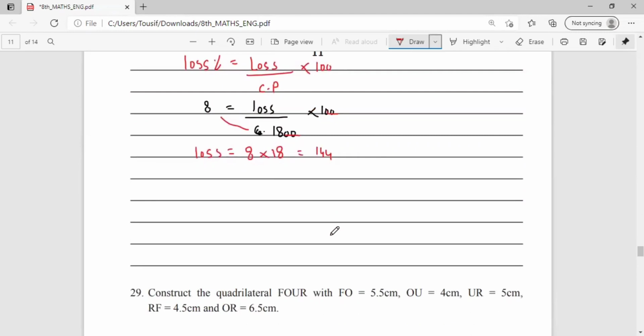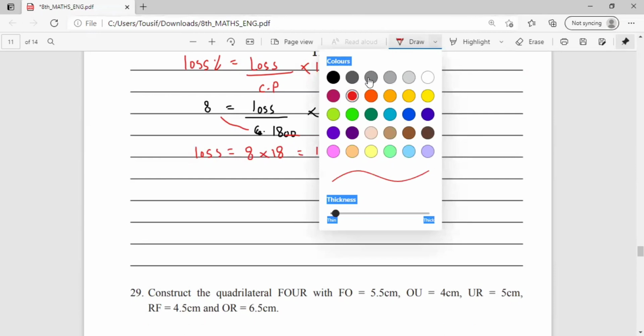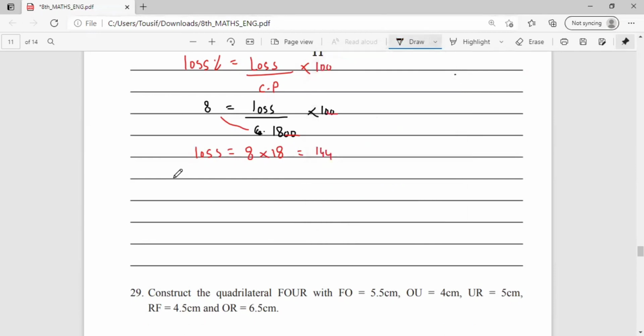Okay, so using this loss value, we have to find out the selling price. We know the loss formula: loss is equal to cost price minus selling price. Loss we got, that is 144. Cost price also we got, that is 1800. Selling price is what we have to find out.